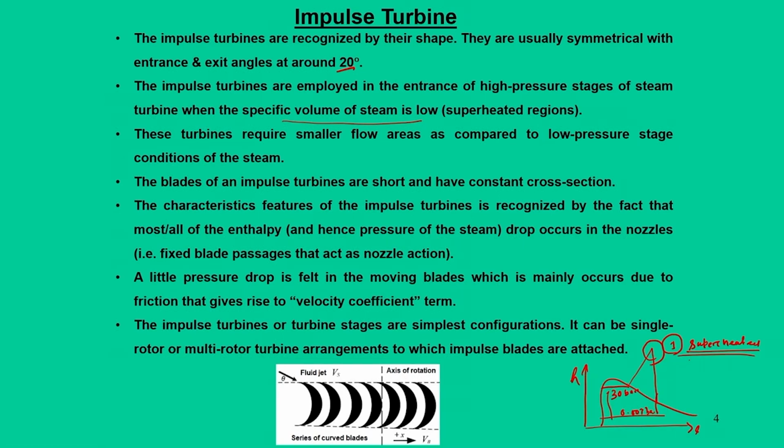So, basically impulse turbines are integrated with nozzles that supply steam to the blades, and most of the enthalpy drop occurs in the nozzles only, and there is very little pressure drop in the moving blades, which mainly occurs due to the friction that gives rise to a velocity coefficient term.